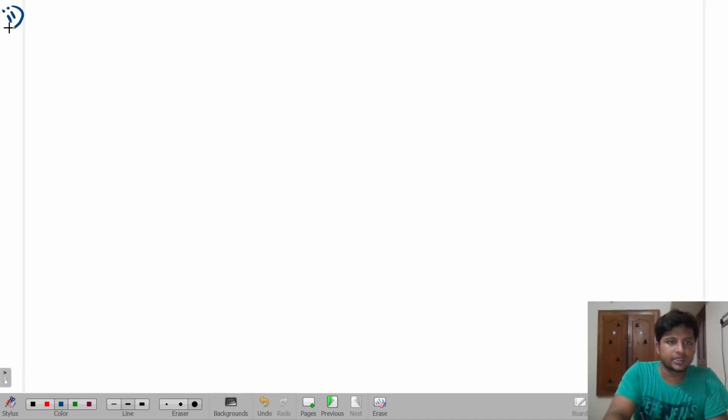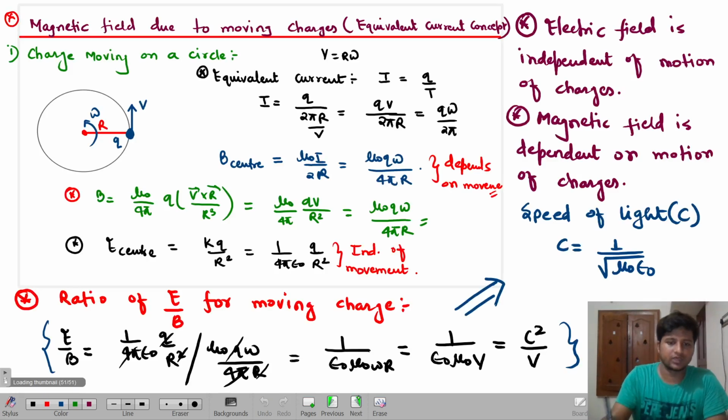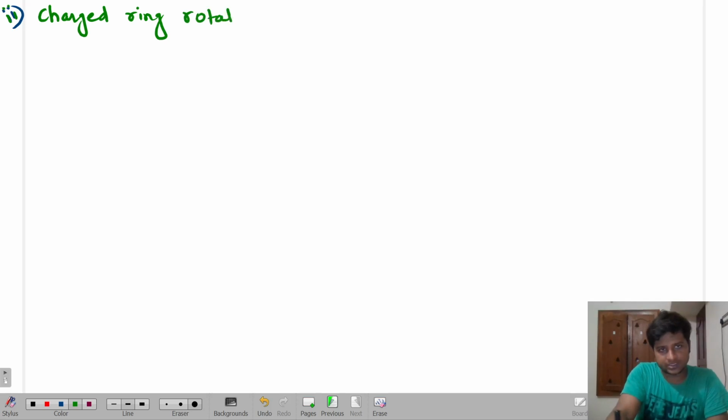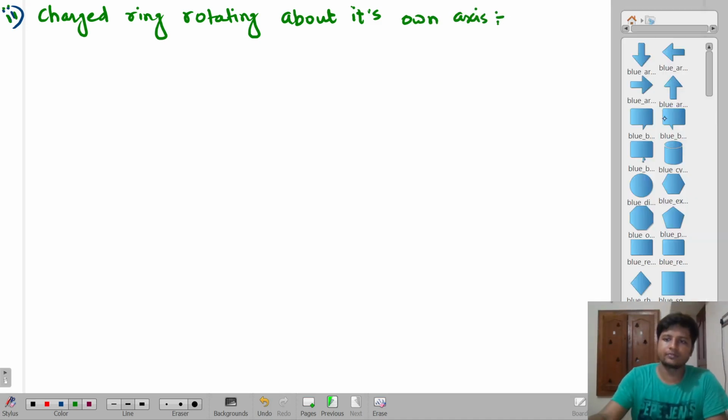Let us discuss the second case. So first case, charge was moving. Second case, there is a charged ring rotating about its own axis. Hold on, there is a ring this time.